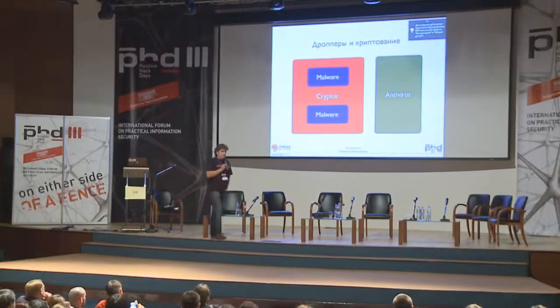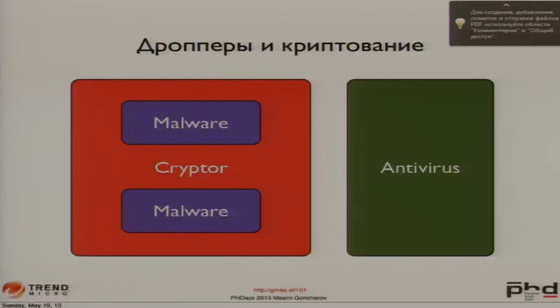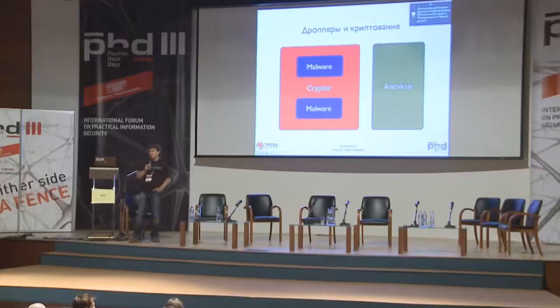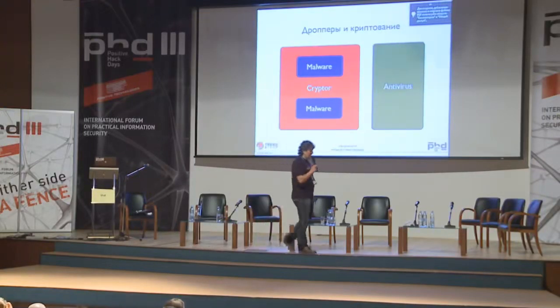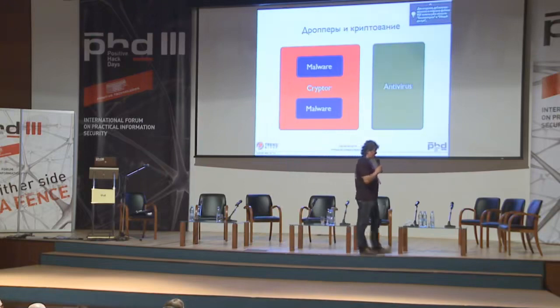What do underground guys do? They encrypt the files. It's not exactly encrypting, but we have the term, and let me use it in my presentation. These files will be changed in such a way that the file signature changes, the file structure changes, and then the antivirus companies will have no way to detect the files based on some other features.